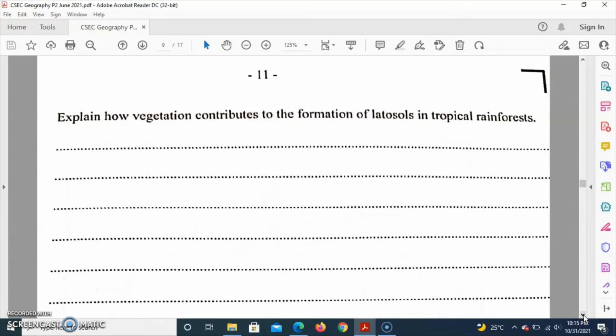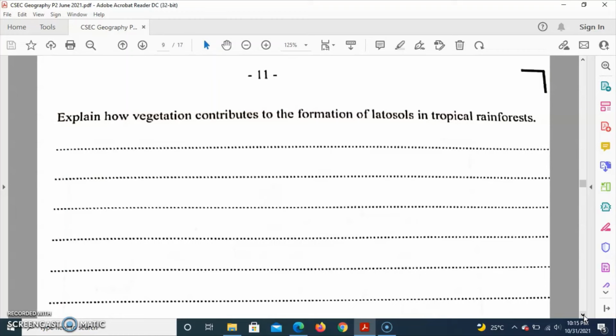Now, the high daily temperature, which is usually between 26 and 30 degrees Celsius, and the annual rainfall, usually above 2,000 millimeters, enhance bacterial activities. This permits the replacement of humus, which is often leached away into the soil.